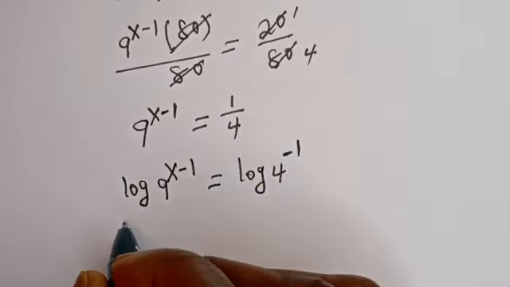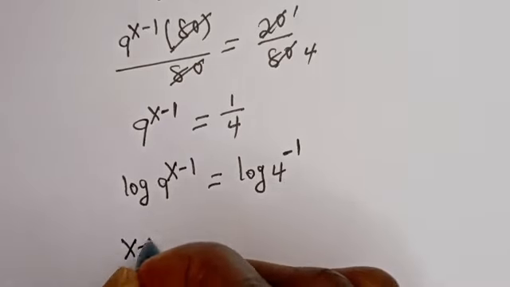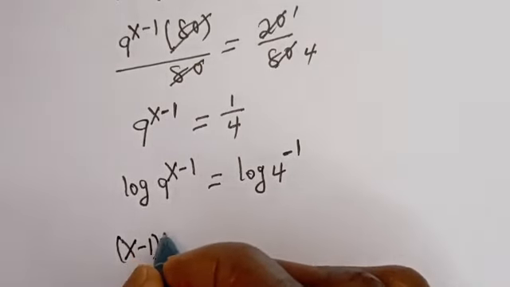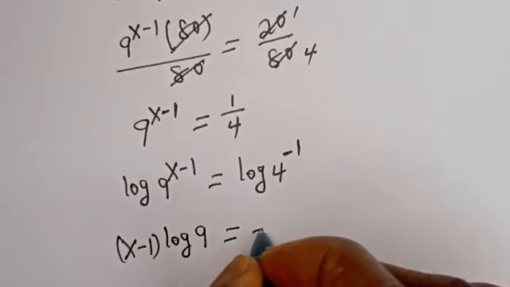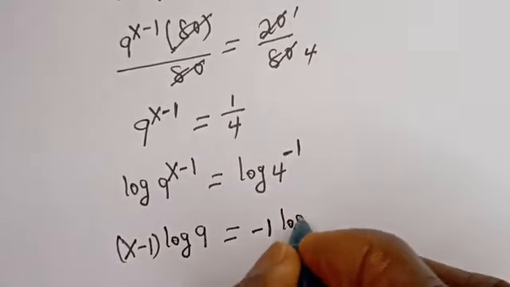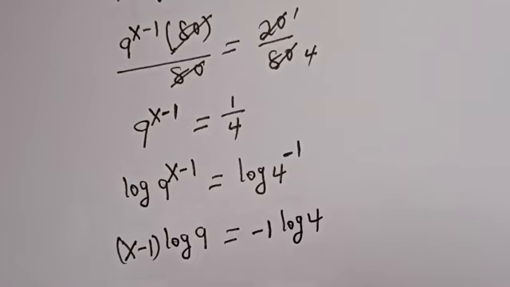Here we have x minus 1 log 9 is equal to minus 1 log 4.